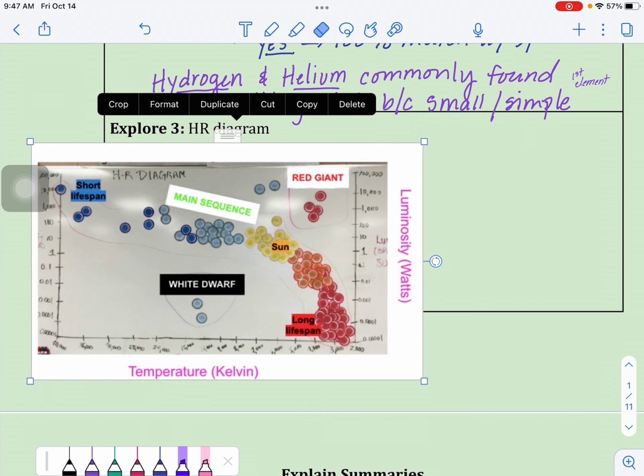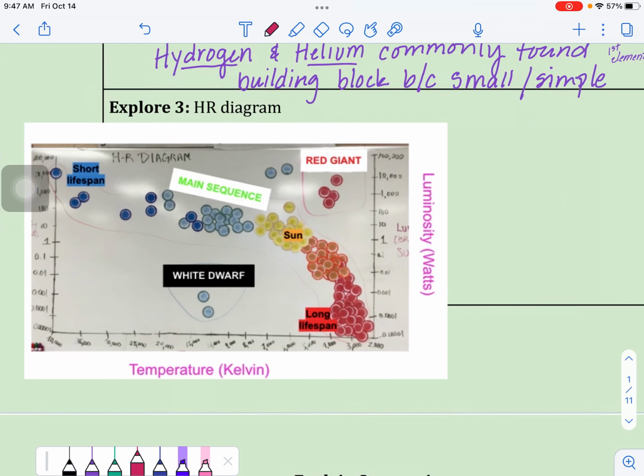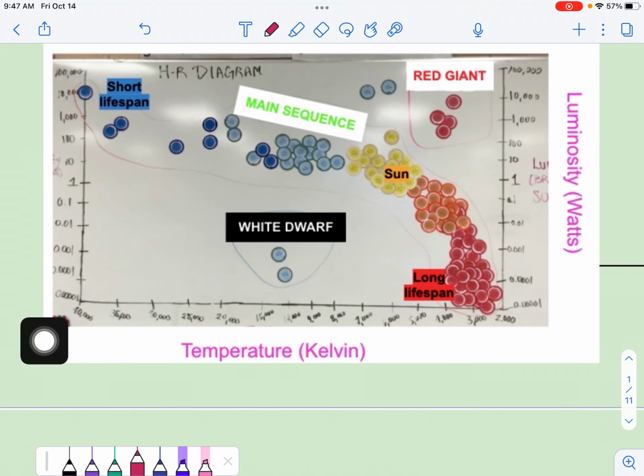So now that you've got your graph put in, just a few reminders. We are looking at a diagram that plots stars based on luminosity or brightness and temperature measured in Kelvin. So when we look at our scale, this end of the graph is our highest or hottest temperatures, where over here, this is our coolest temperatures.